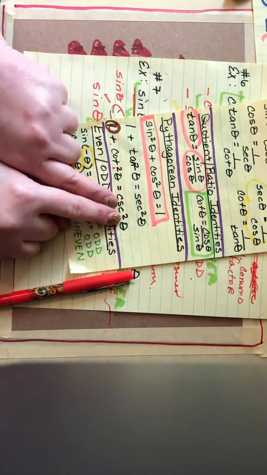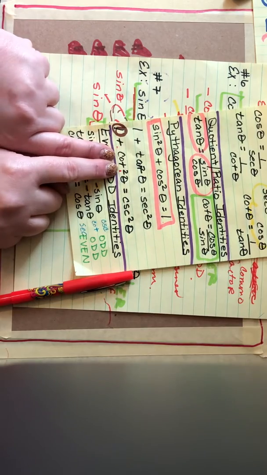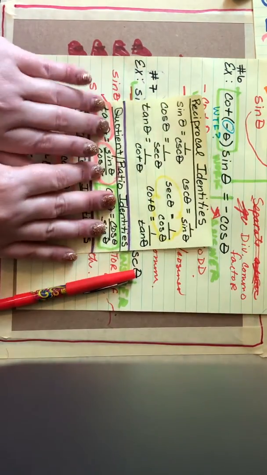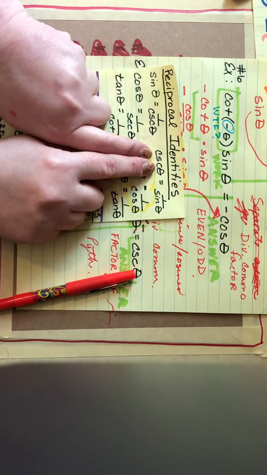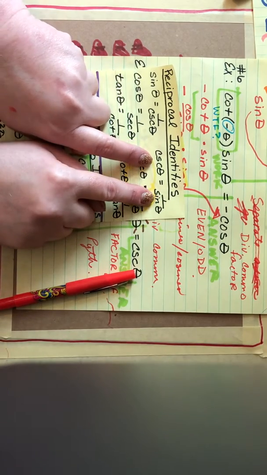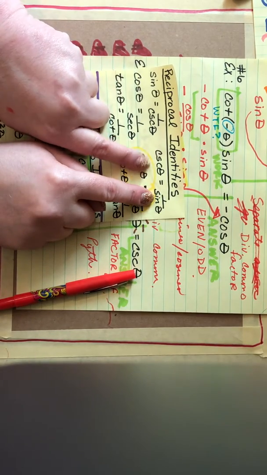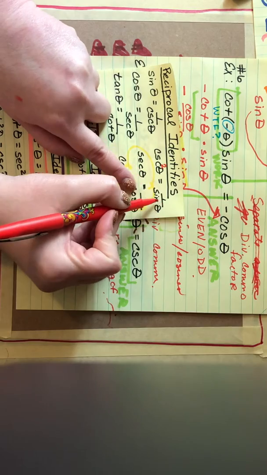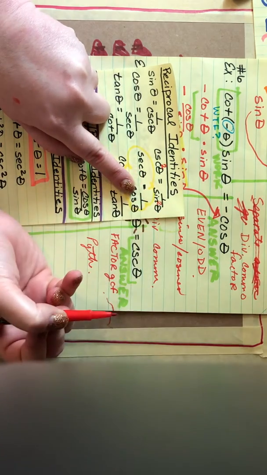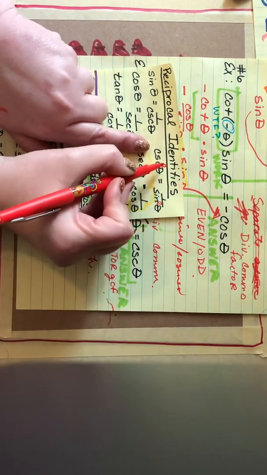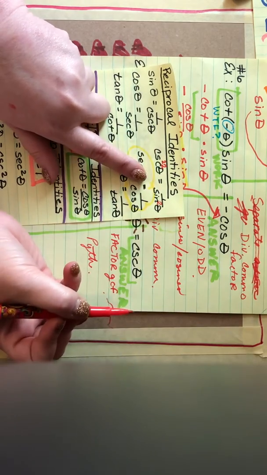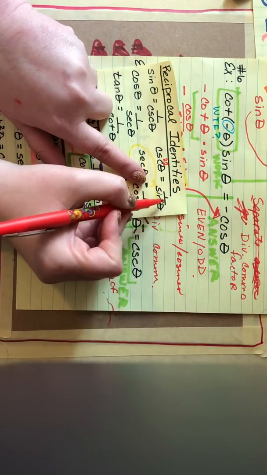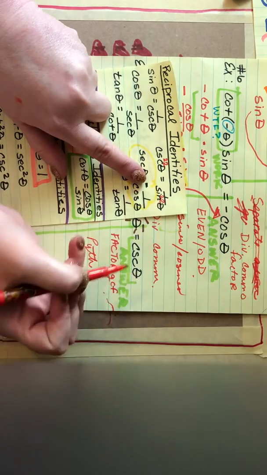Here's a cosecant, and it's equal to 1 over sine. And remember, it doesn't matter. If I have cosecant squared theta, that's equal to 1 over sine squared theta. If I have cosecant to the 22 power theta, that's equal to 1 over sine to the 22 power theta.